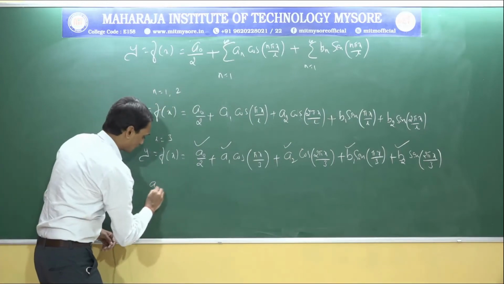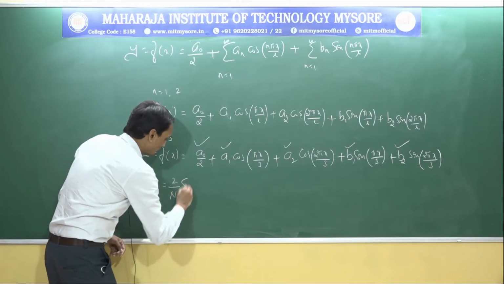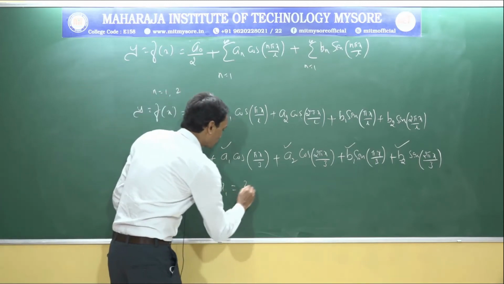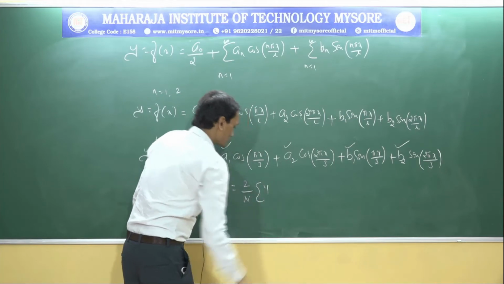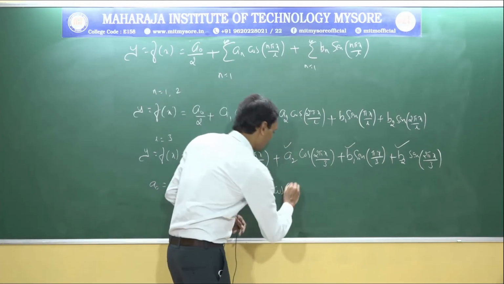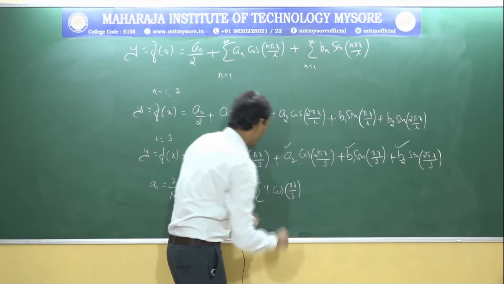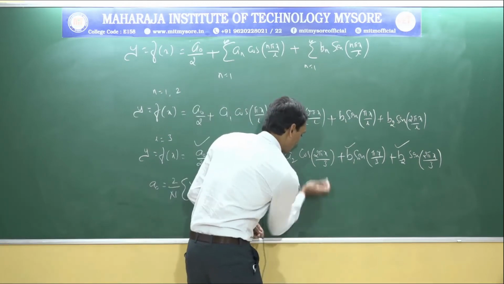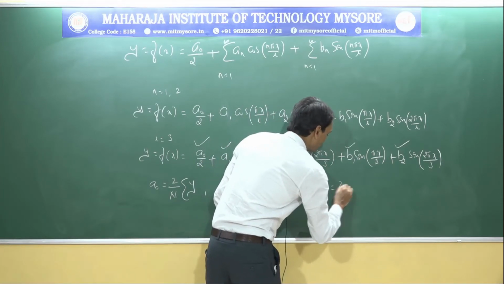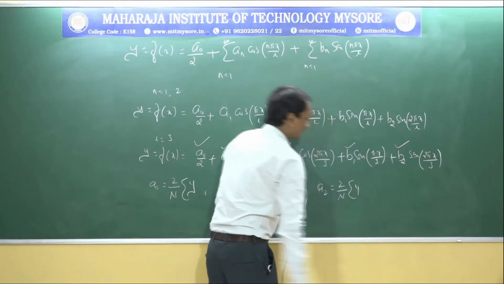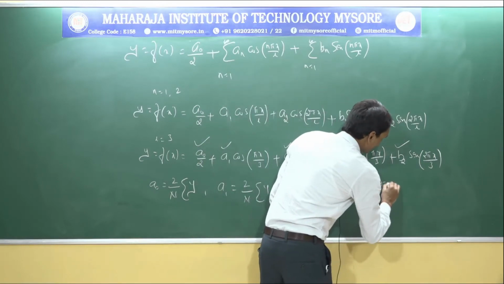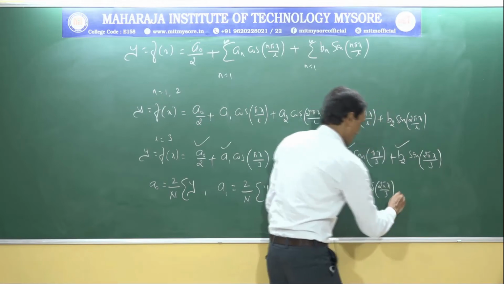First I will write the formulas. a0 equal to 2 by n into summation of y. a1 equal to 2 by n into summation of y into cos pi x by 3. a2 equal to 2 by n into summation of y into cos 2 pi x by 3.